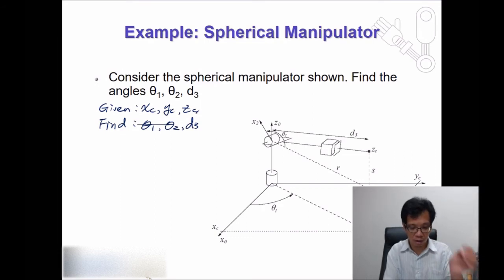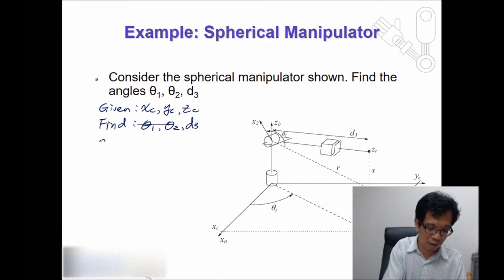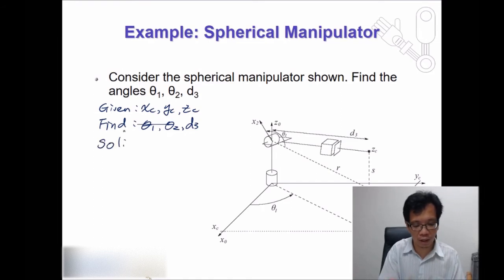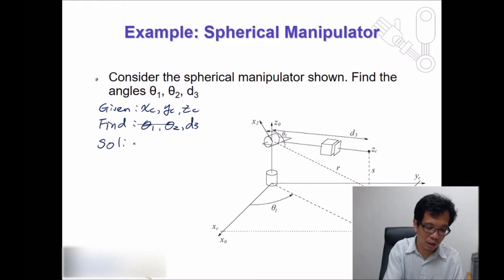So for this specific configuration, some part is identical to a previous problem. The first thing you need to do is determine theta 1. Tangent theta 1 should be pretty straightforward because it's going to be yc divided by xc.